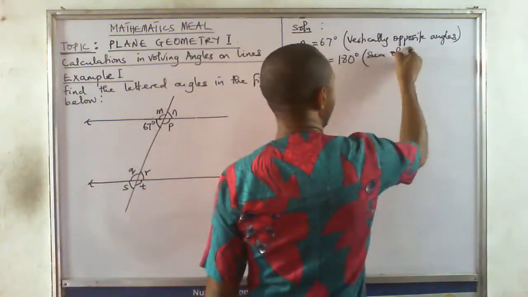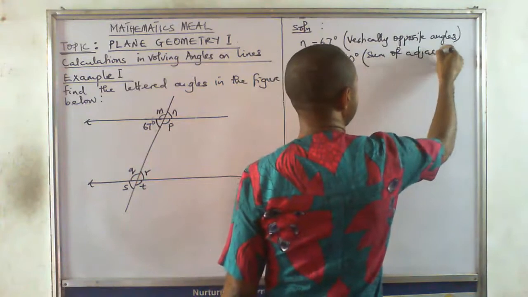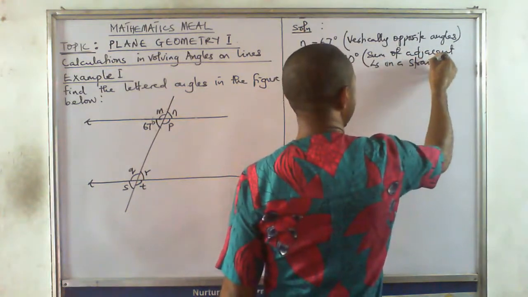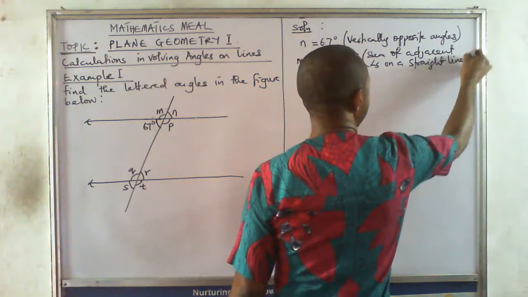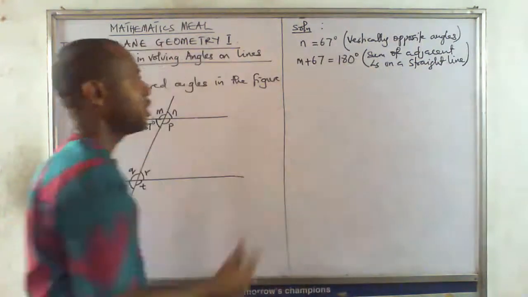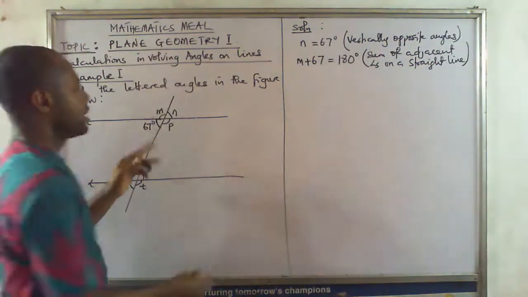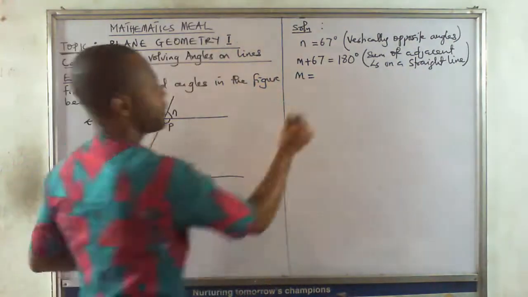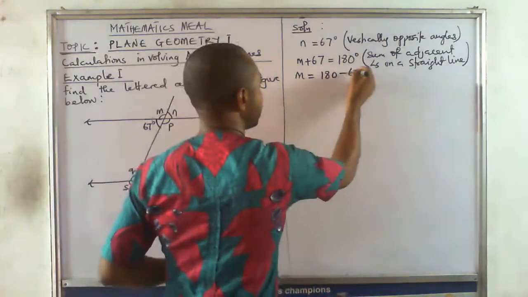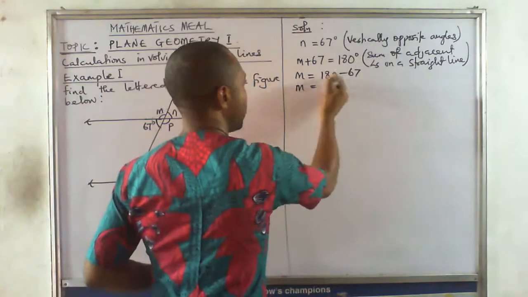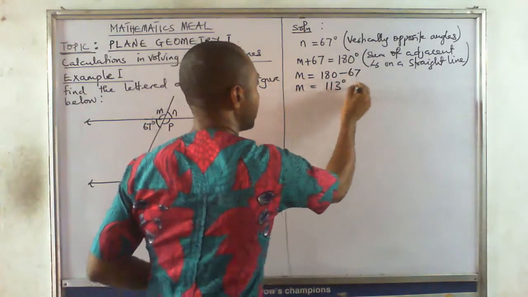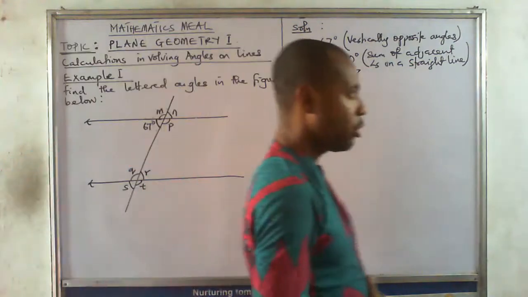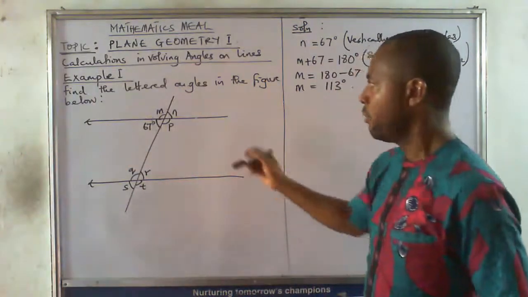Sum of adjacent angles on a straight line. The sum of adjacent angles on a straight line is 180. So it means that M will be equal to 180 minus 67. When 180 subtract this, I'm going to have 113 degrees. Okay? I found M.